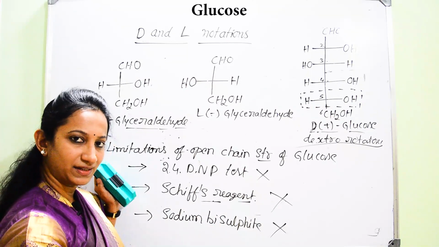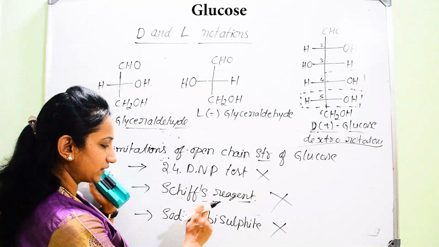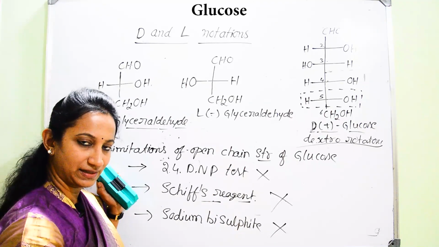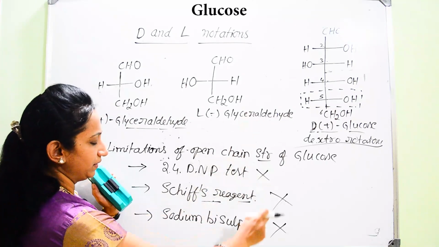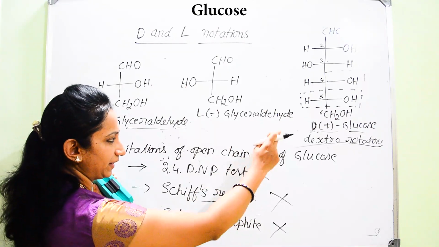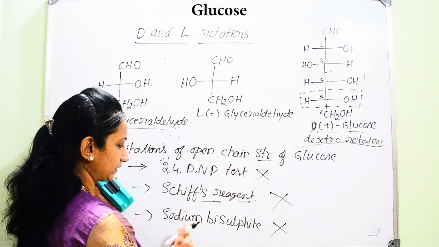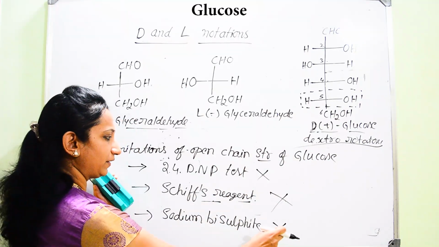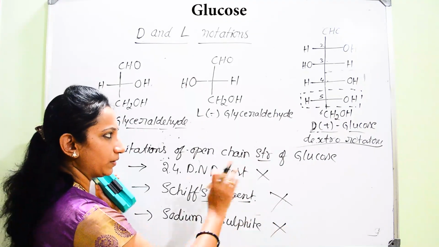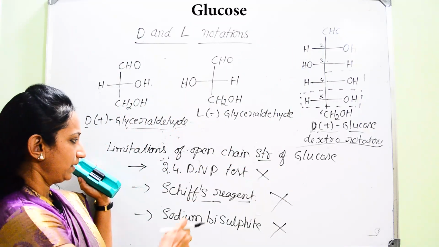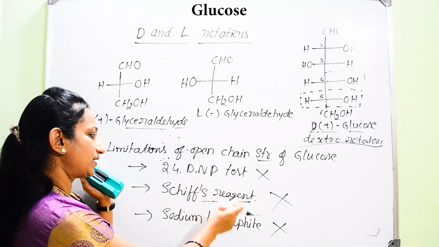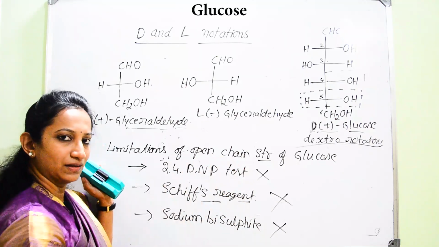In the case of aldehydes, when they interact with sodium bisulfite, they easily form an addition compound. But here, you won't get that addition compound between glucose and sodium bisulfite. Then it will be doubtful for him. How come? Even though it has a CHO group, it is not able to answer these reagents like aldehydes.